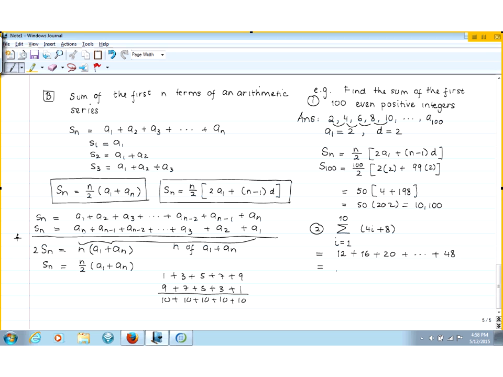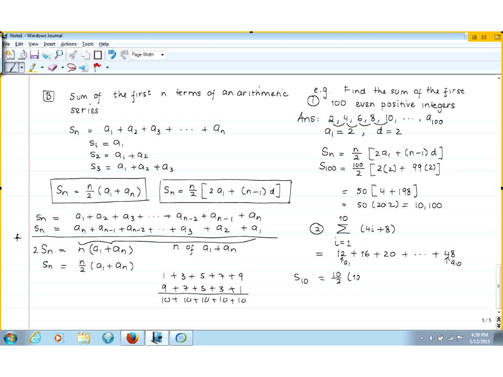So anyway, I know a1 and I know a10, and we want to find S10. So this is S10. So this is your a1, and this is your a10. Now S10, that's what we want to find, is the sum of all up to 10 here. Now we will use the formula.